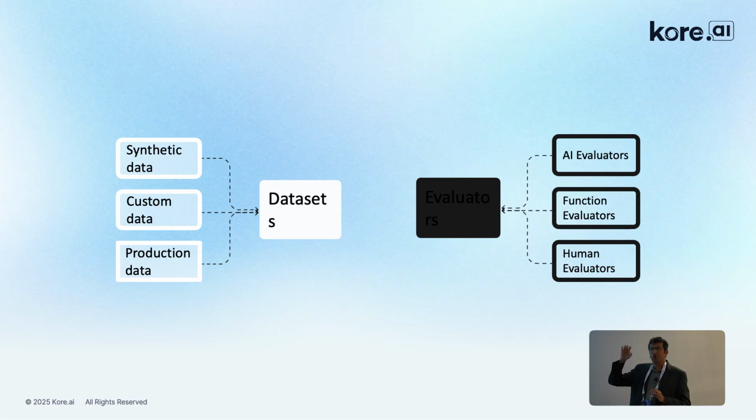Now, once you go into production, then you have a production data set. We can pull directly from the production data and apply the evaluations on top of it. On the other side, we have various different types of evaluators. We have an AI evaluator, taking advantage of AI to evaluate other AI. We have function evaluators. Here you really don't want to use a model, because I want to test if a particular format of an output is exactly what I'm looking for, and you can write a simple regex to test that.